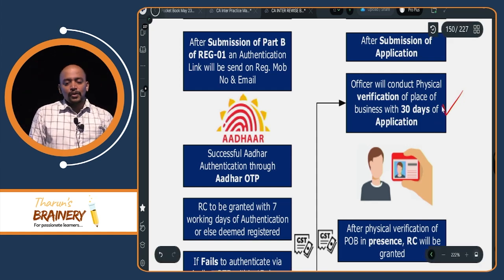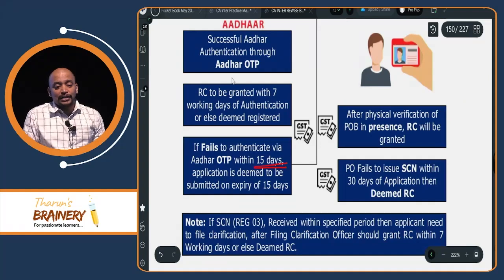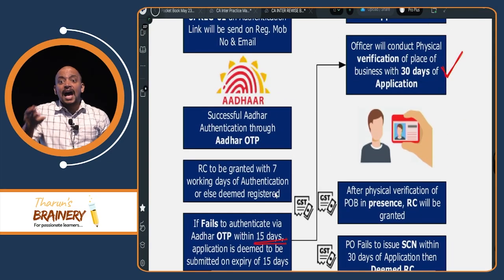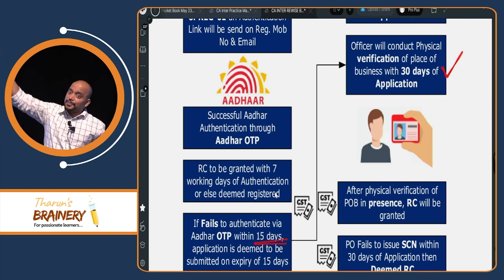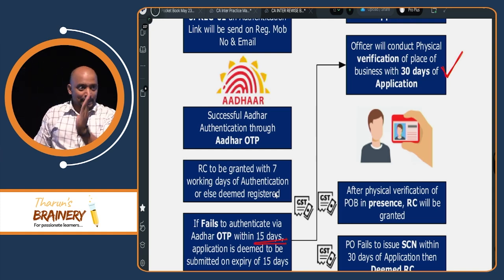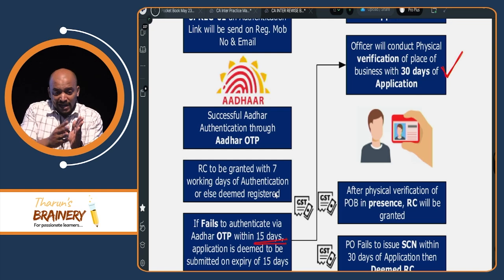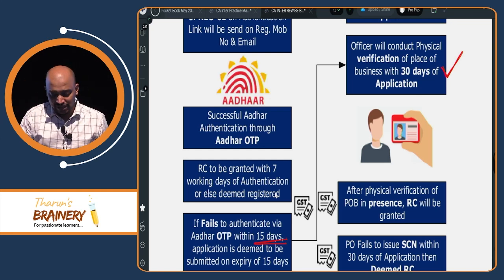In case you make application with authentication and do not complete it within 15 days, the 30 days will be counted after 15 days. Is it clear? What is the overall period? 45 days. First 15 days, we should complete OTP authentication. Otherwise, next 30 days, they will check the premises and give the registration certificate.